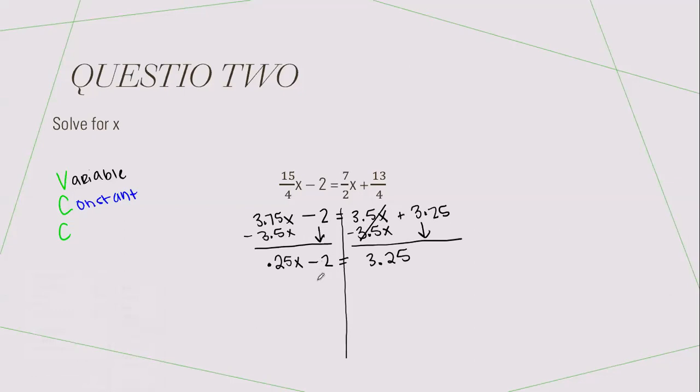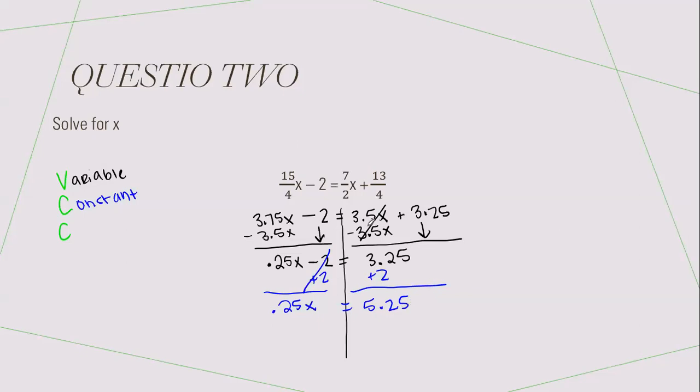And how am I going to get rid of this -2? You just add 2. Yes. So I'm going to add 2 to both sides. That's going to give me 0.25x. This cancels out. And this will give me 5.25.